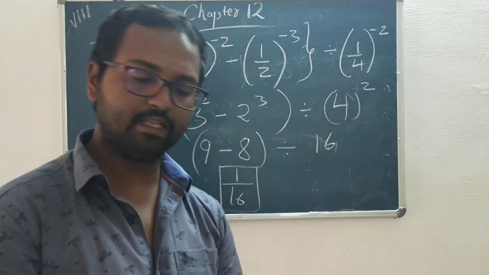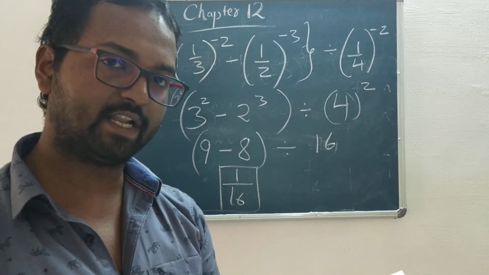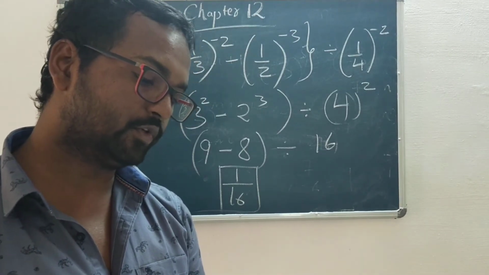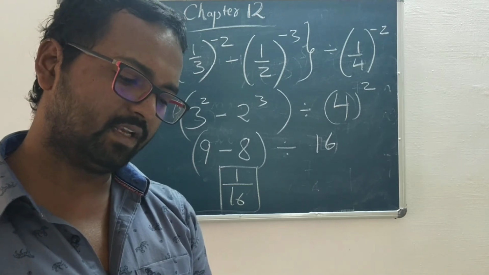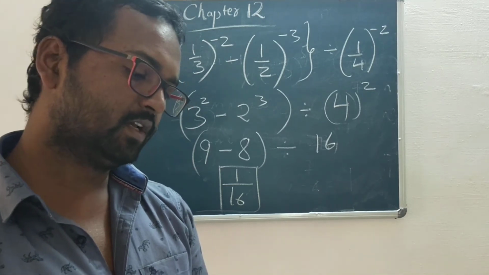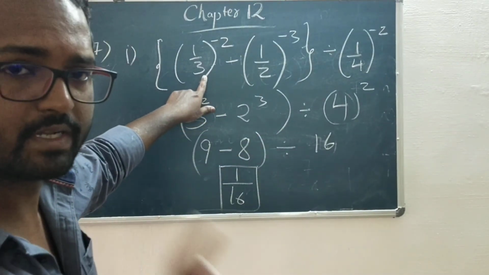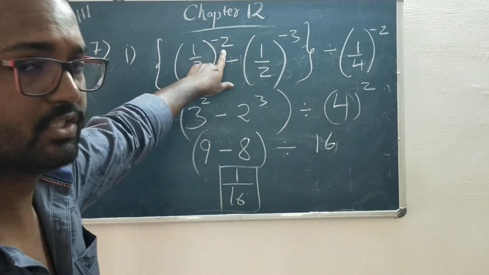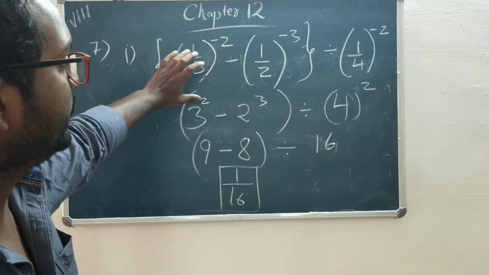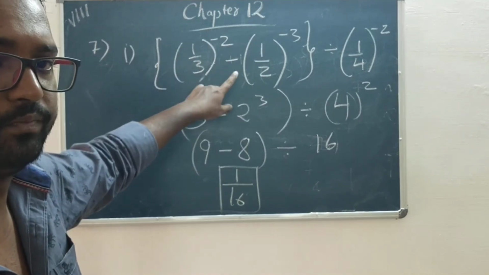See in our book page number 197, the same solution is provided but in a little more complex way. Okay, so just remember this one thing. This is the only concept that you have to understand here. 1 by 3 power minus 2, when we take reciprocal, becomes 3 power 2.